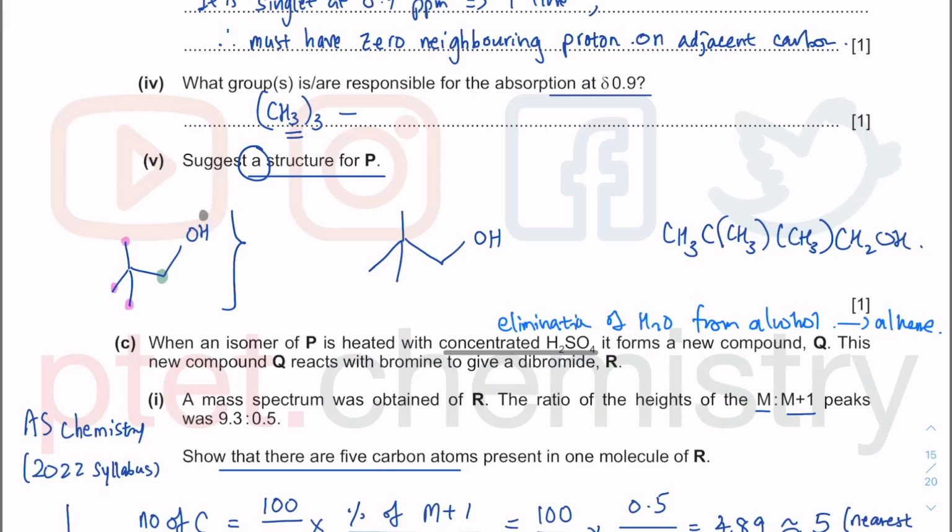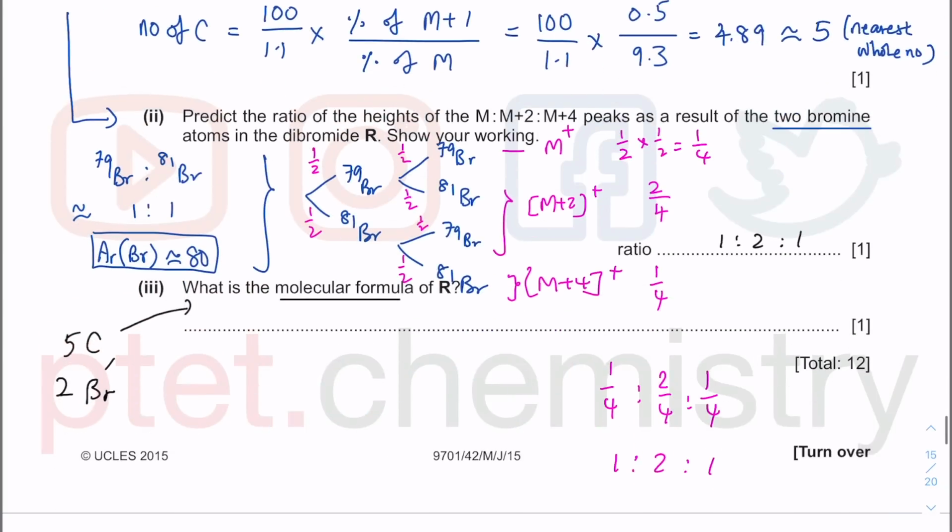And then this new compound reacts with bromine to form a dibromide. Because alkene plus bromine will give you a dibromide. This is your electrophilic addition mechanism, where the type of reaction is going to be addition of this Br-Br across the carbon-carbon double bond, such that the bromine water gets decolorized. So our Br-Br must be next to each other on the carbon.